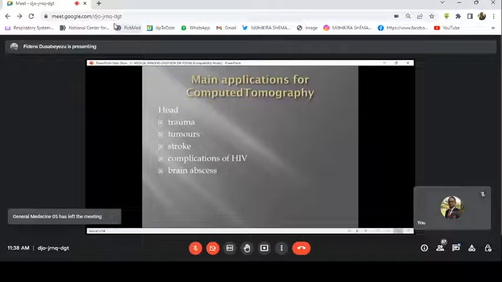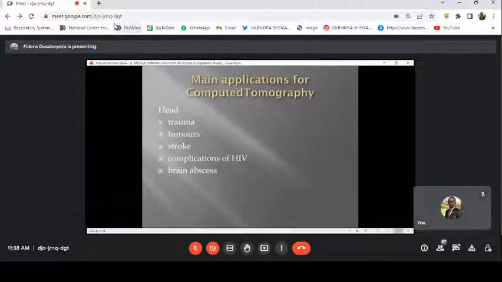Stroke, either hemorrhagic or infarction or ischemic, CT is very good in diagnosing those strokes. Complications of HIV such as infection of the brain, abscesses, or other infection, CT is good in diagnosing those diseases. MRI can give more specific findings, but CT is really enough.